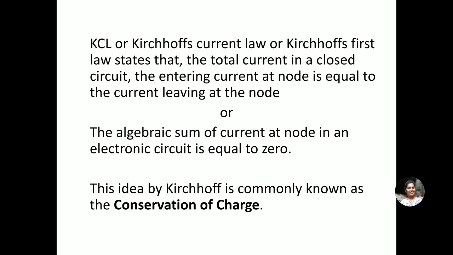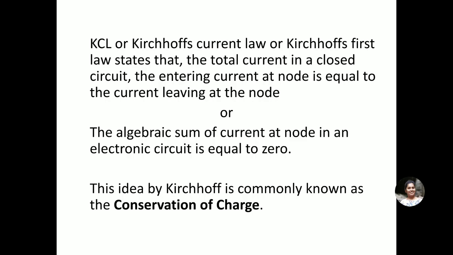Kirchhoff's current law can simply be called KCL, or it can also be called Kirchhoff's first law. It states that in any closed circuit, the entering current at a node is equal to the current leaving the node.